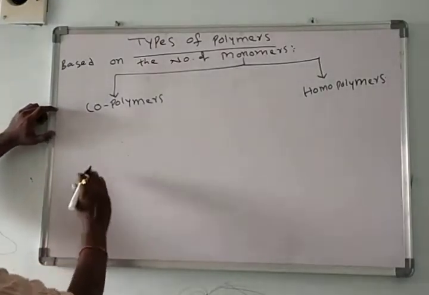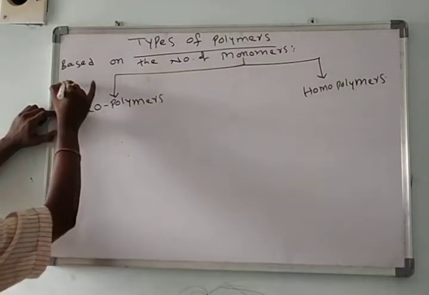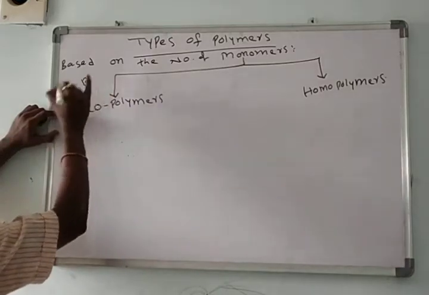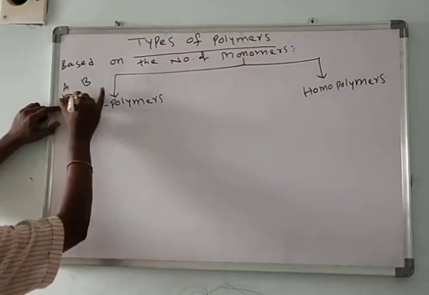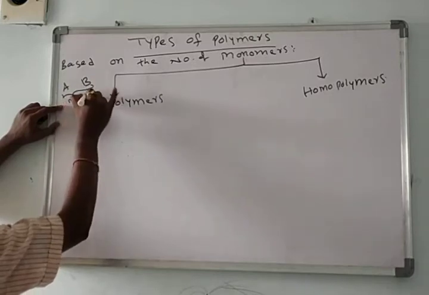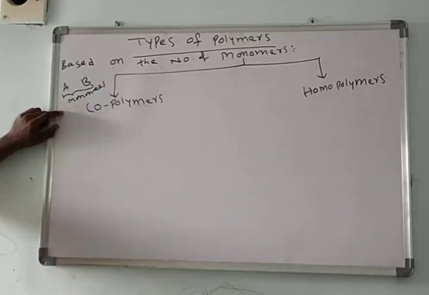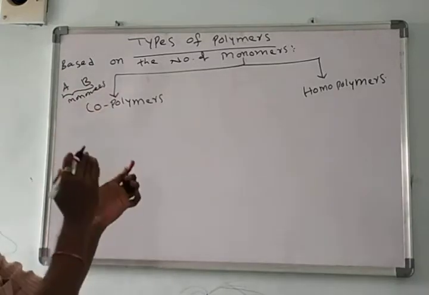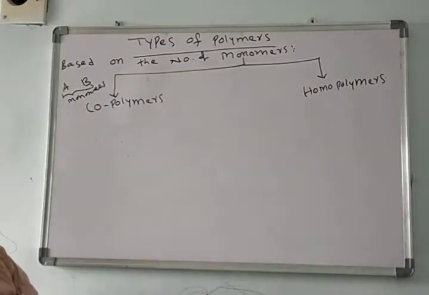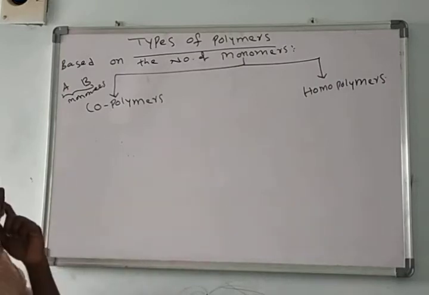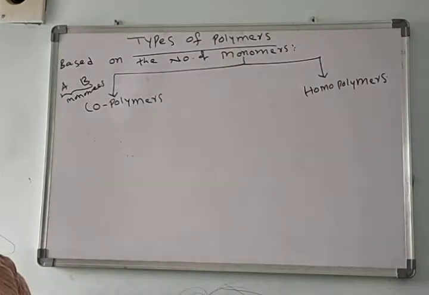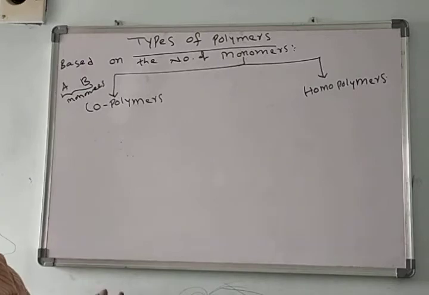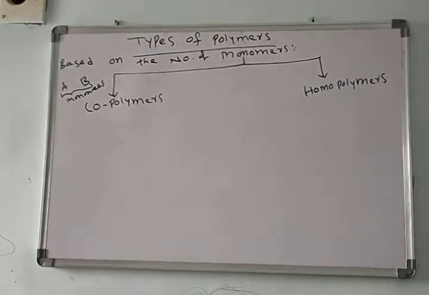Copolymers means, for example, here I am taking A and B as monomers. These polymers are prepared from A and B in an alternate way, in a random way, in a blocked way, or in a grafted way.